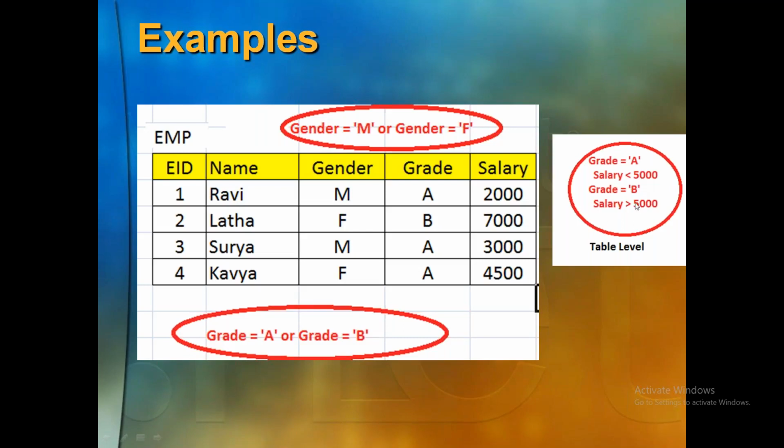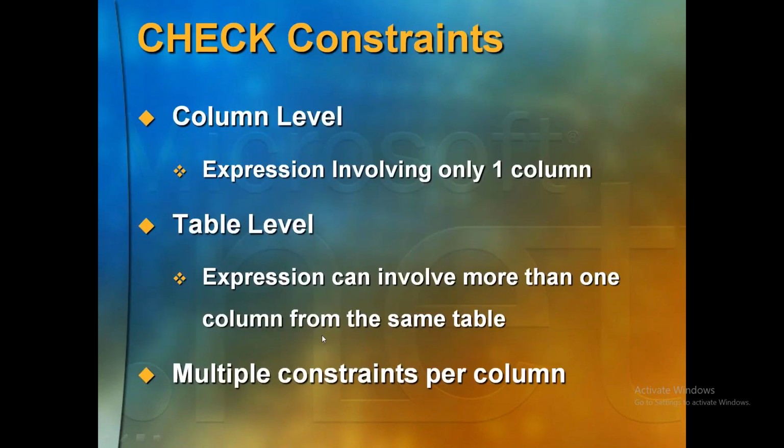If the grade equals B, salary is this much. This is table level. This is column level. Salary greater than zero is column level, right? So you can have column level and table level check constraints, and you can have multiple constraints per table. Clear? Whenever you insert the data, if you have these kinds of expressions, SQL Server is going to verify them one by one. That's what you need to understand.